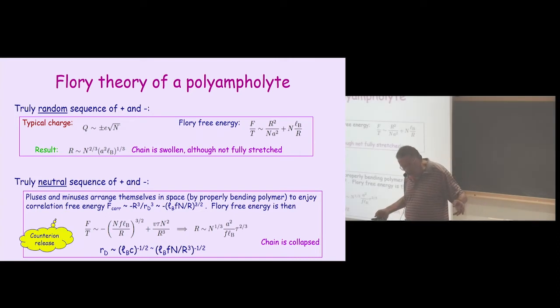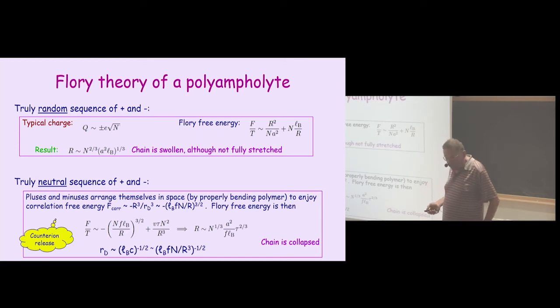So it's stretched, not quite completely stretched, but it is stretched because of the excess charge. A random polyampholyte, because the monkey is not a reliable producer of neutral polyampholyte, sorry.